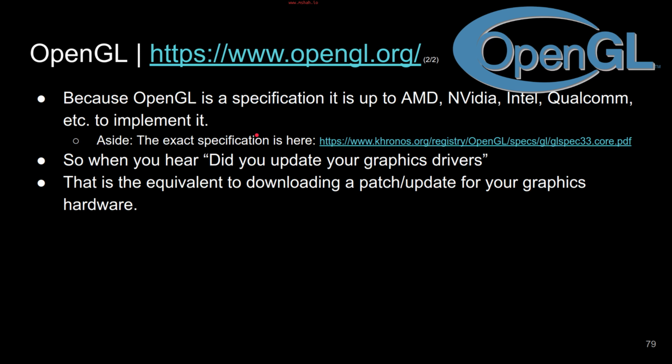Okay, so again, when you hear what OpenGL is, it's just a specification. And then every once in a while, if you're playing a game or installing it and it crashes, someone will say, well, did you update your graphics drivers? What they're really saying is, did you upgrade your graphics drivers? Because some engineer at one of these companies has implemented some functionality or a bug fix for how this API draws its graphics.